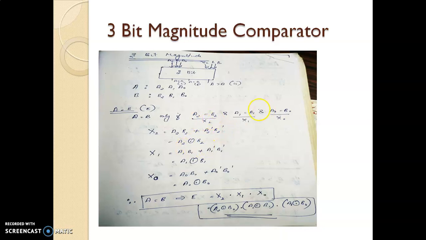Similarly, A1 equal to B1 is A1 XNOR B1, and A0 equal to B0 is A0 XNOR B0. We call A2 XNOR B2 as X2, A1 XNOR B1 as X1 and A0 XNOR B0 as X0. So A equal to B, which is E, can be obtained as X2 dot X1 dot X0. That is the equation for equal to.